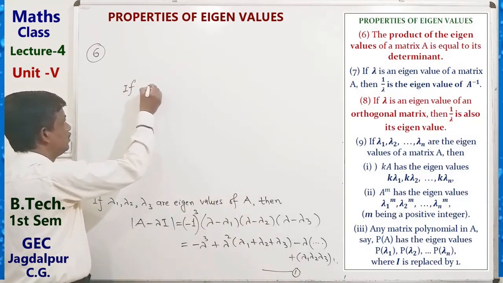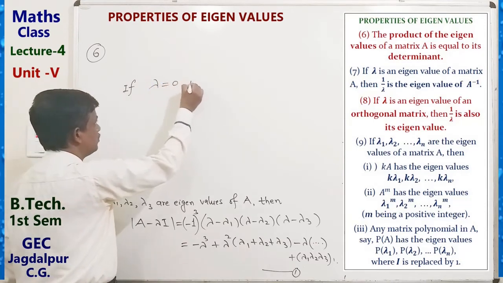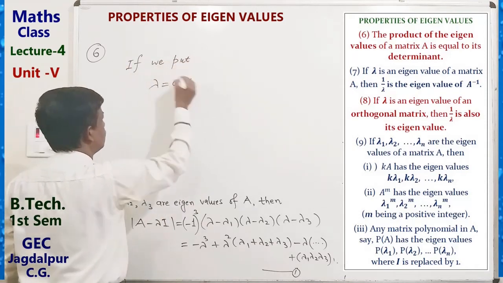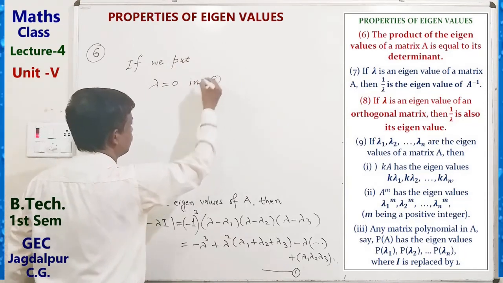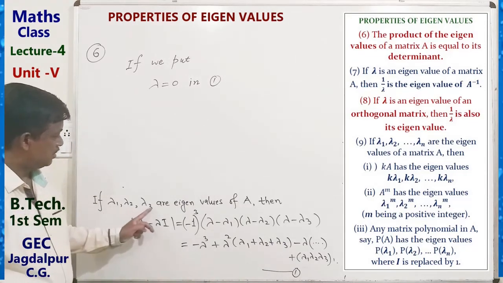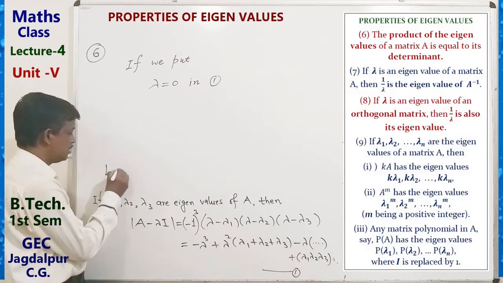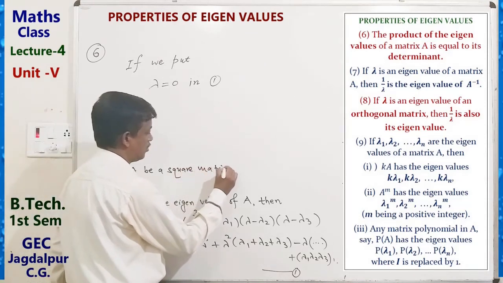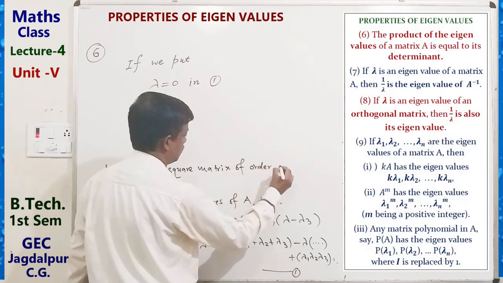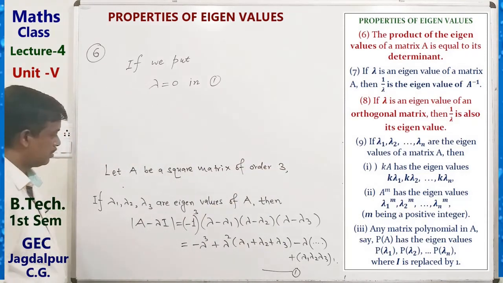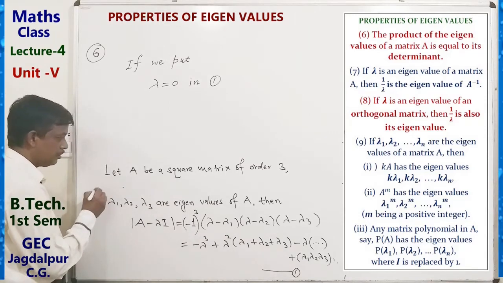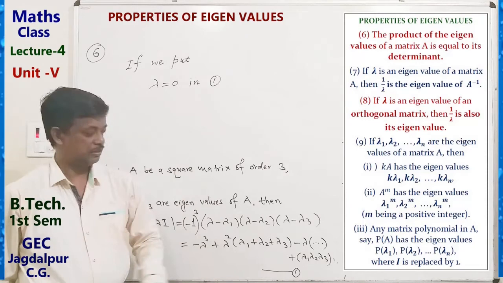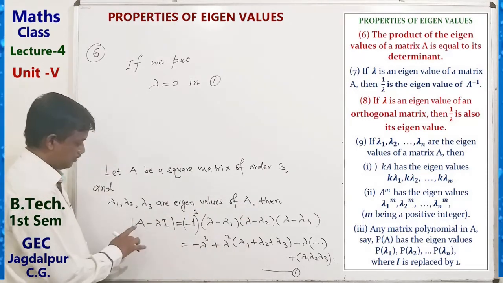If lambda equals 0, if we put lambda equals 0 in this, you can write like this: let A be a square matrix of order 3, and these are eigenvalues of A. Then we can write like this. So this is equal to this.